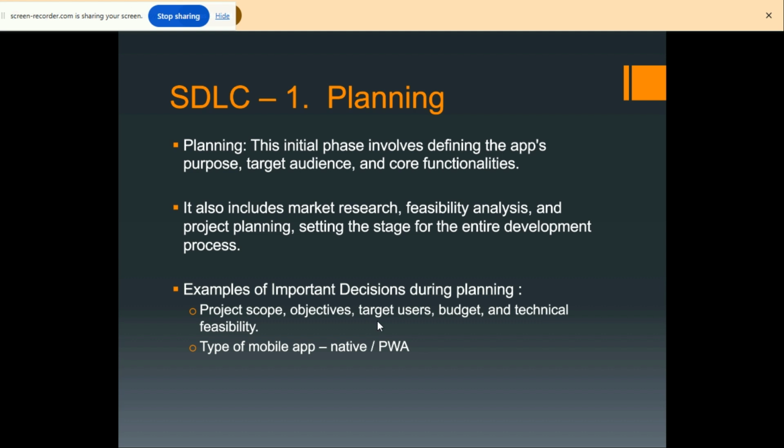Okay, next is deciding on the type of mobile app that you are going to produce. If you are going to produce games, we need a fast product, fast interaction. So if it's a fast kind of interactivity, we prefer native development.